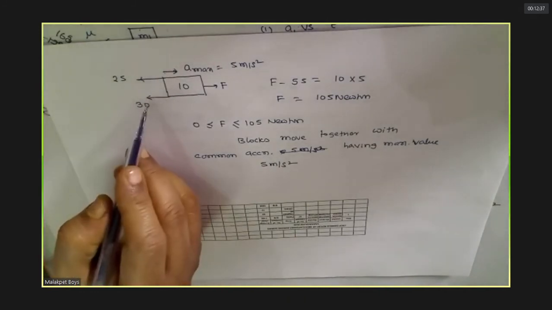Understood, sir. So these frictional force values adjust such that there won't be any relative motion between the blocks. That's why we say static frictional forces are self-adjusting. Agreed? Yes, sir.